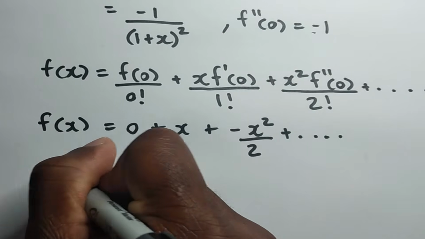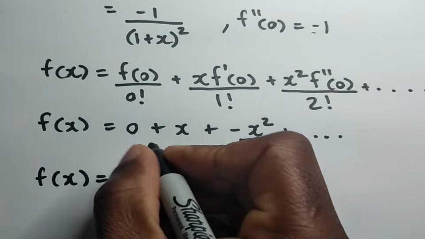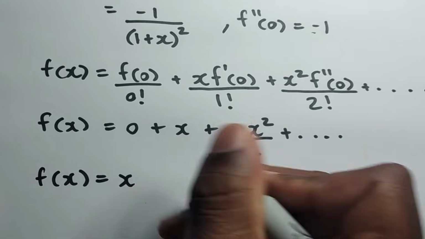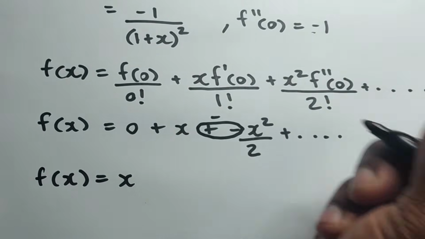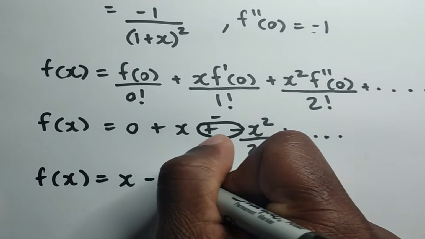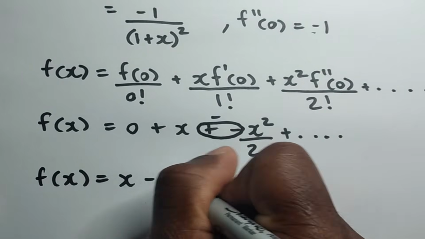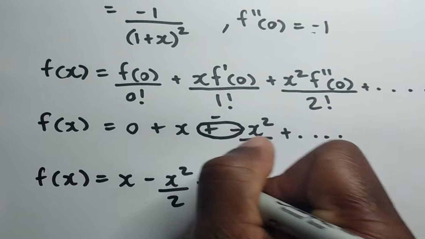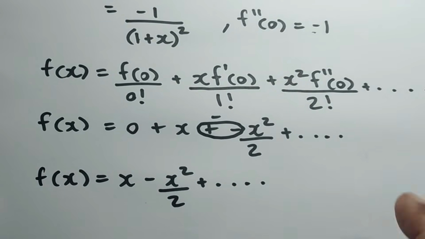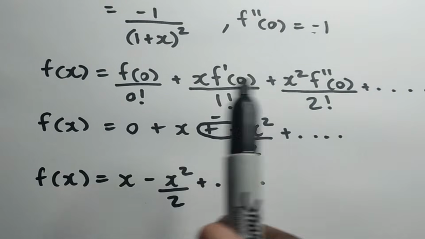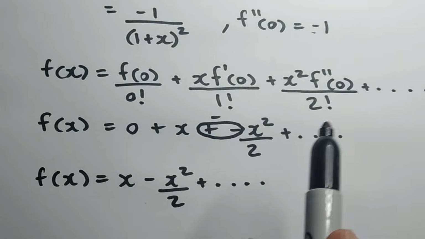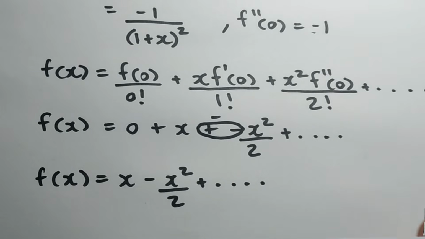So f of x is equal to x, and we have a positive and a negative, so we get a negative result: x minus x squared over 2. And we could have had more iterations. So this is how we would write the Maclaurin series expansion for this particular function.